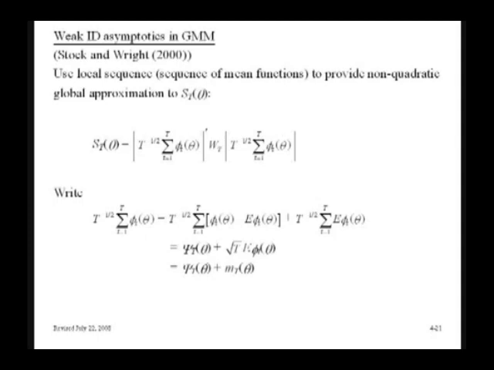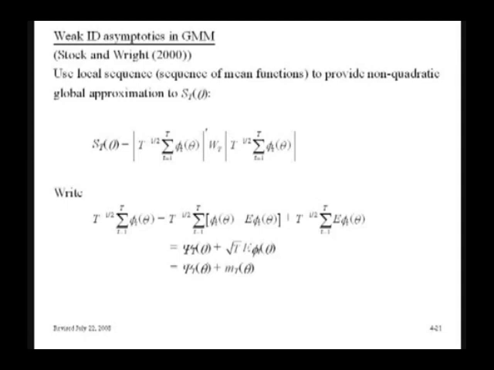Essentially, the device is going to be exactly like this nesting of pi over the square root of t. But instead, we're going to think about the expected value of the GMM moment function not exploding.